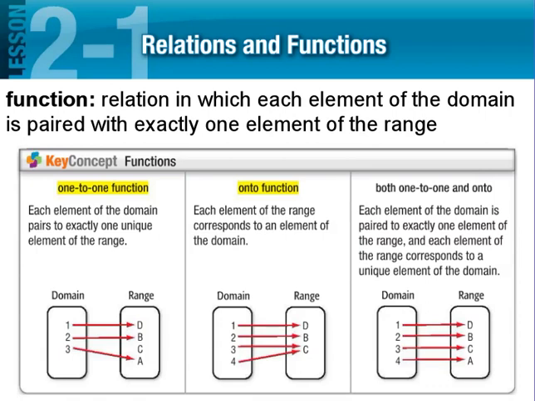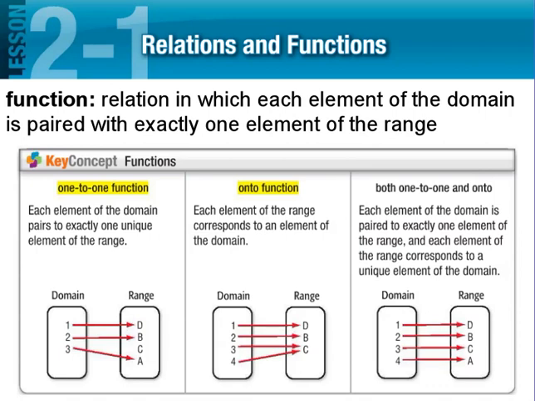An onto function, on the other hand, is kind of like the flip. It says that each element of the range corresponds to an element of the domain.